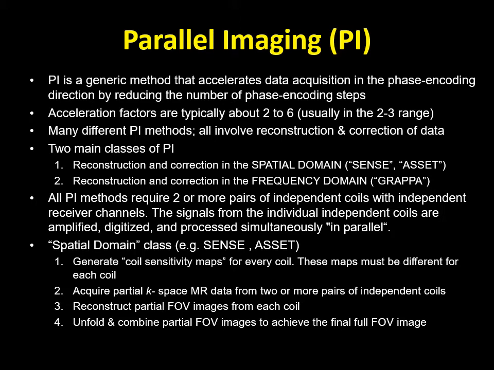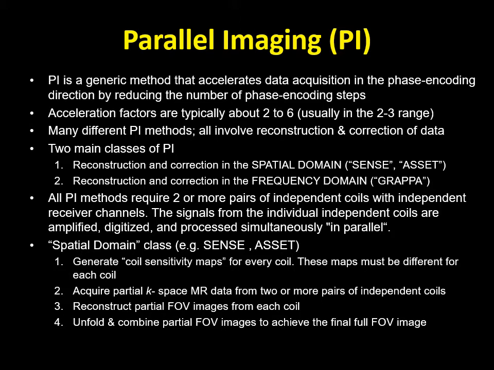An example is called GRAPPA. All parallel imaging methods require two or more pairs of independent coils with independent receiver channels. The signals from the individual independent coils are amplified, digitized, and processed simultaneously, or in other words, in parallel.